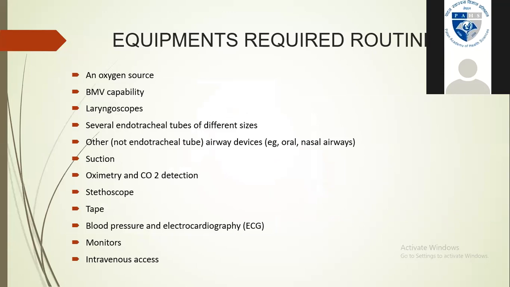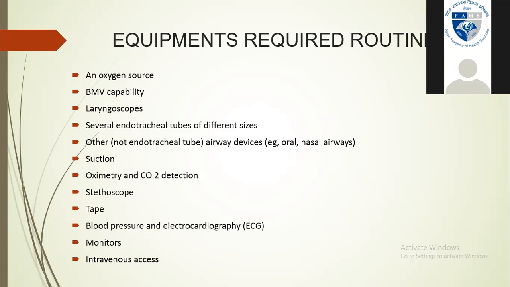So for routine airway management, what are the equipments? First is an oxygen source, and second and most used is bag and mask ventilation. So we need to have the capacity for bag and mask ventilation. Third are laryngoscopes and several endotracheal tubes.